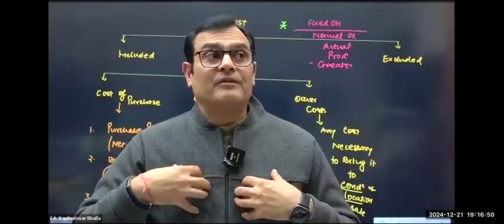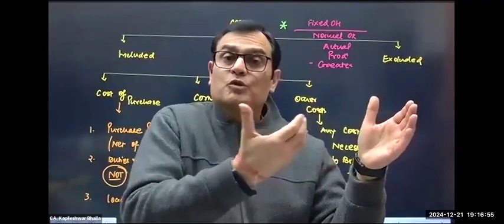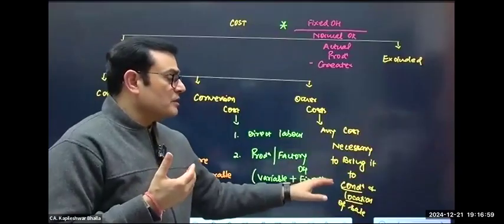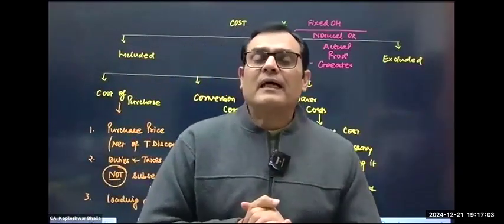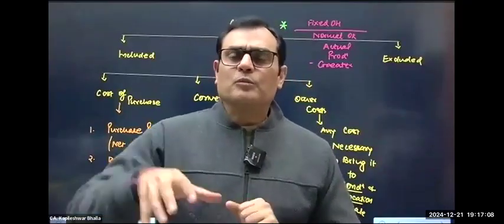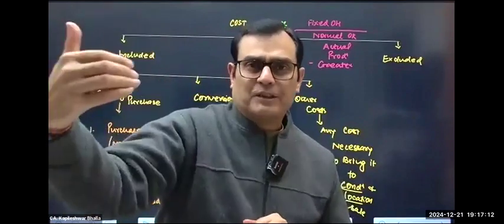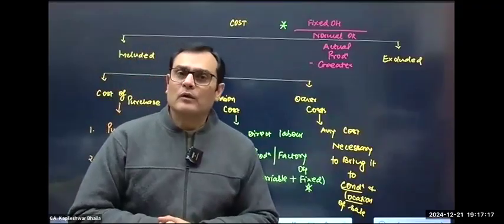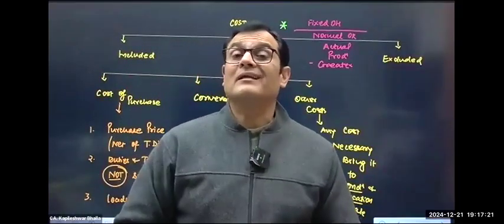For example, I may have a factory on the outskirts of my city, but I need to bring those goods to the place from where I will dispatch them. So any transportation cost I incur to bring it to the godown from where I dispatch goods to the consumer, that's location. Any cost incurred to bring them into a saleable condition will all be taken. Designing cost incurred, transportation cost incurred, all enters here.